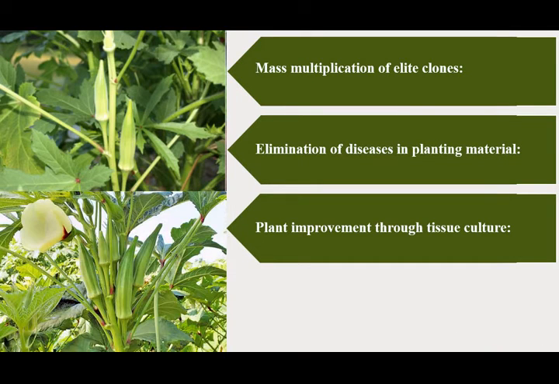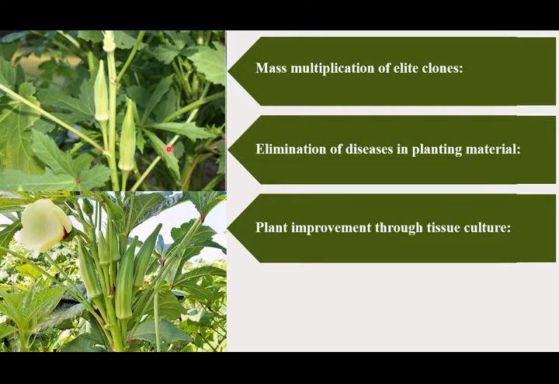Next, plant improvement through tissue cultures. Creation of superior varieties of agricultural crops is possible only through tissue culture methods. Now in this image you can see one variety of okra, the lace finger plant.